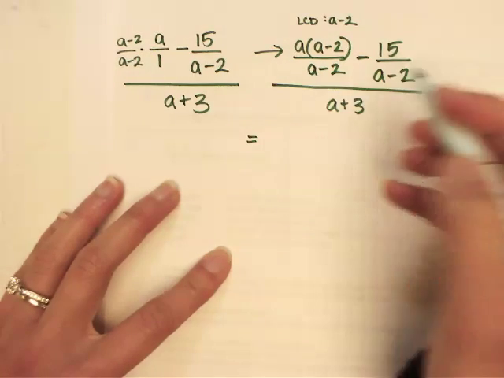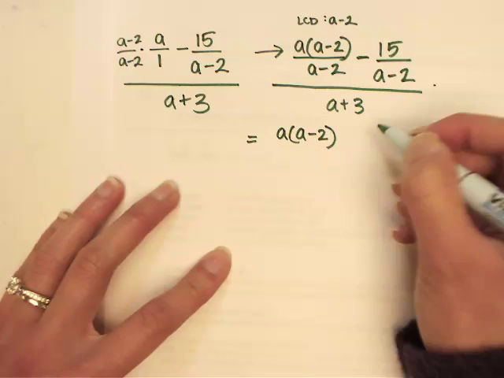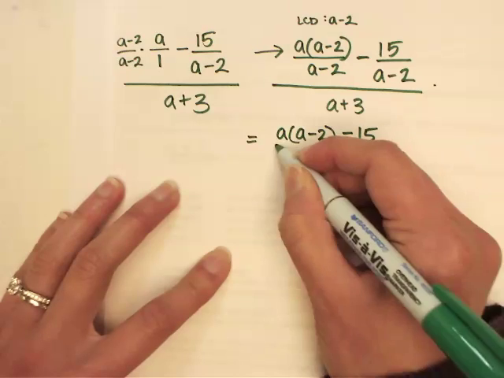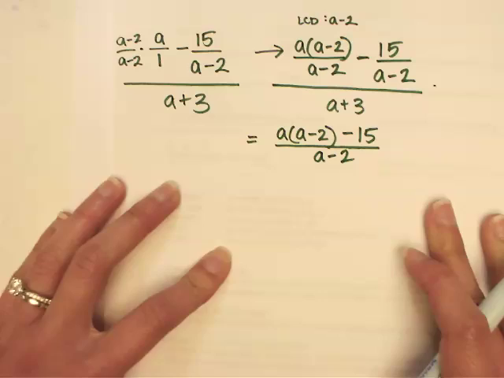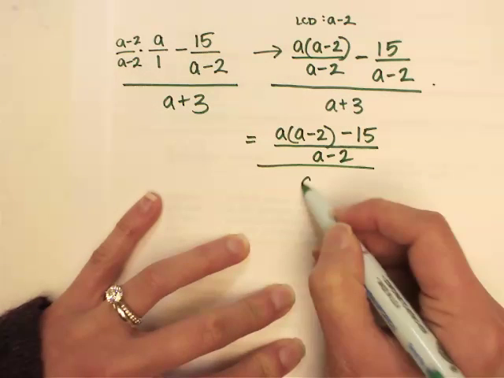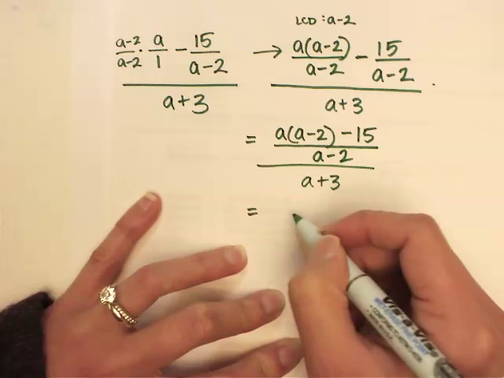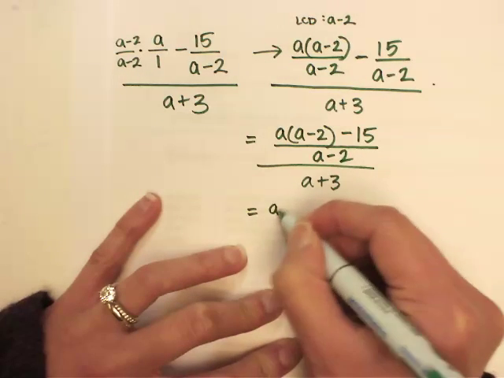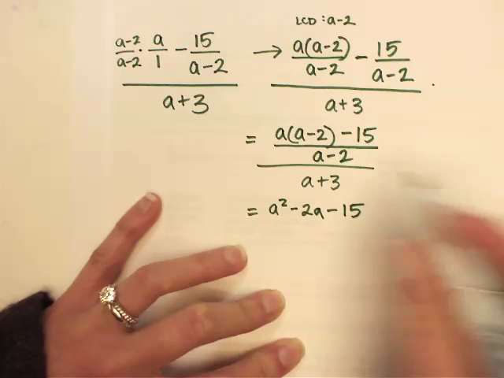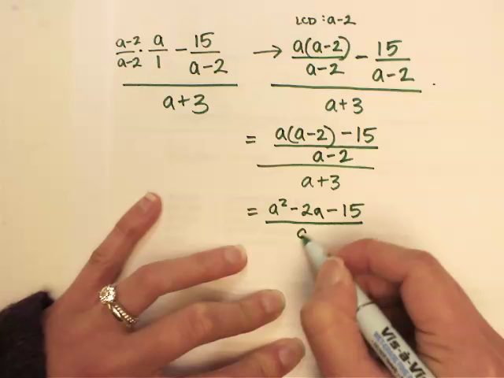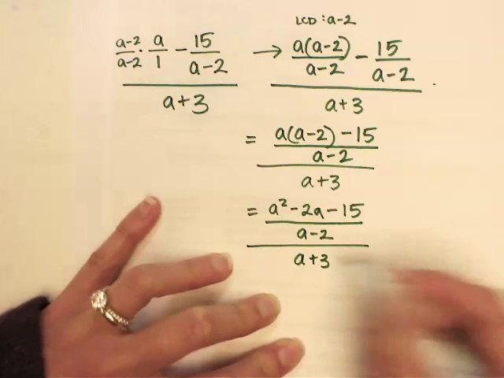We're going to go ahead and rewrite this as subtraction all over a minus 2, since they have the same denominator now. Okay, again, that's all over a plus 3. Okay, simplifying even further, we're going to go ahead and distribute. So that's a squared minus 2a minus 15 all over a minus 2 divided by a plus 3.